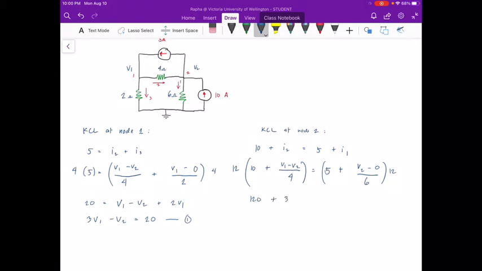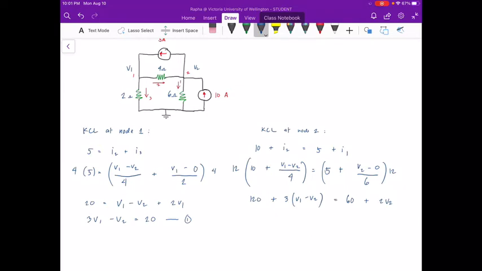So 3 times V1 minus V2 is equal to 5 times 12, that will be 60, plus 12 divided by 6, we have 2, so that's 2V2.